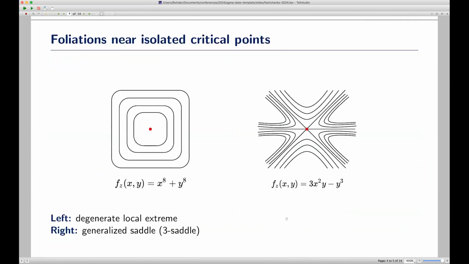In this picture, you see the foliations near isolated critical points. From the left, we have a degenerate local extreme, and from the right, a generalized saddle.